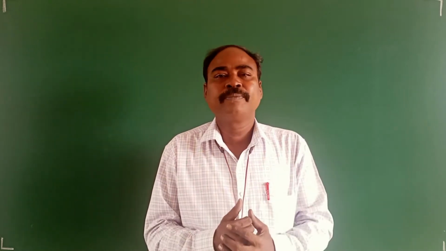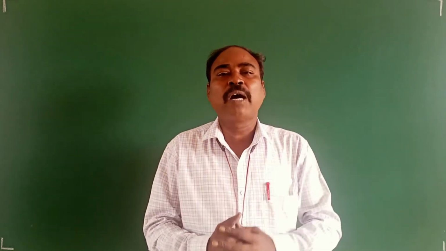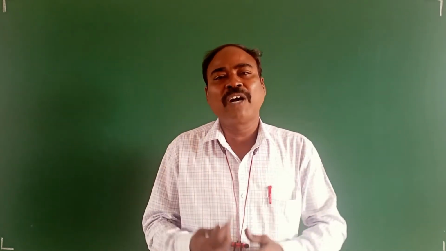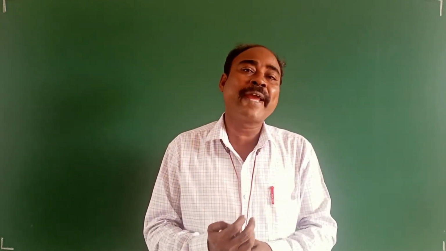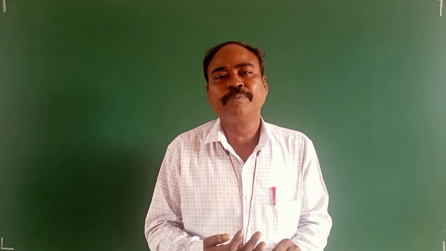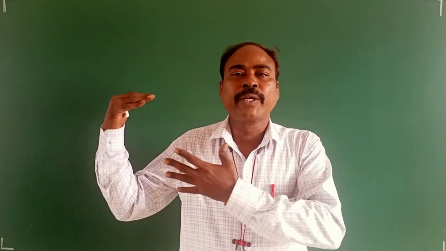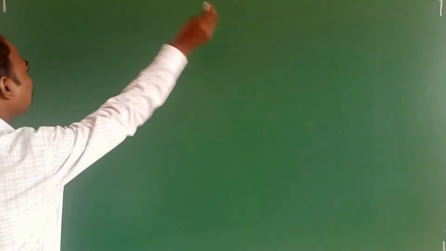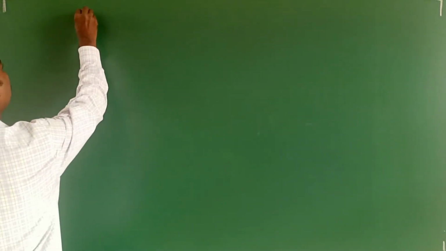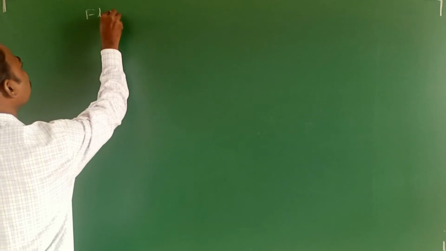For that purpose, how to make a formula, what symbols are used, and a diagram, we are going to discuss in this class. So the technical description of a flowering plant is explained by the formula, the floral symbols.